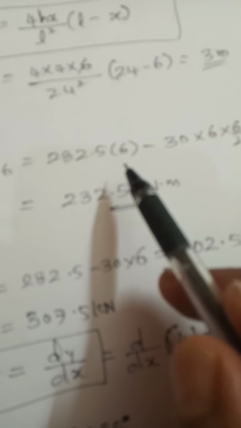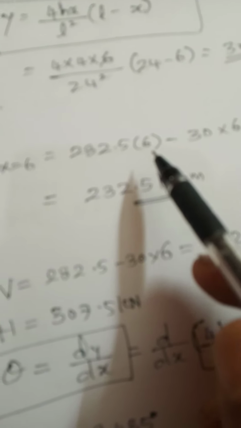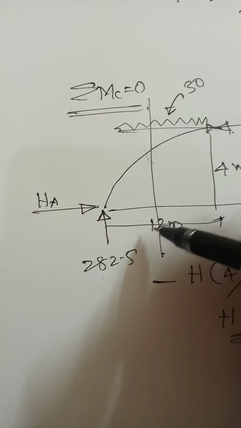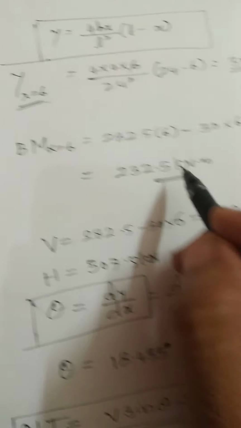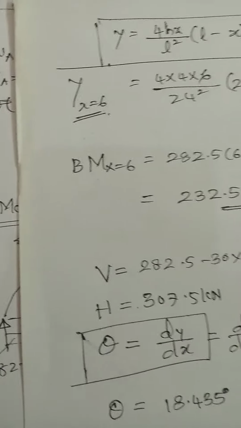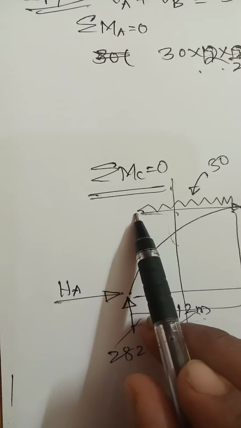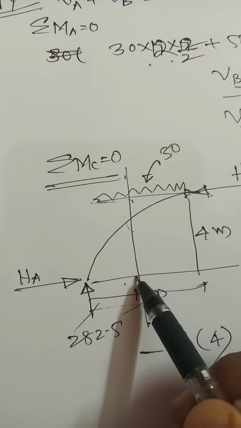Likewise, we can calculate the bending moment at x equal to 6 meters from the left support. 282.5 is the vertical reaction component we have calculated. Into this distance, which is 6 meters, so that's what we have written, minus 30 into 6 into 6 by 2.